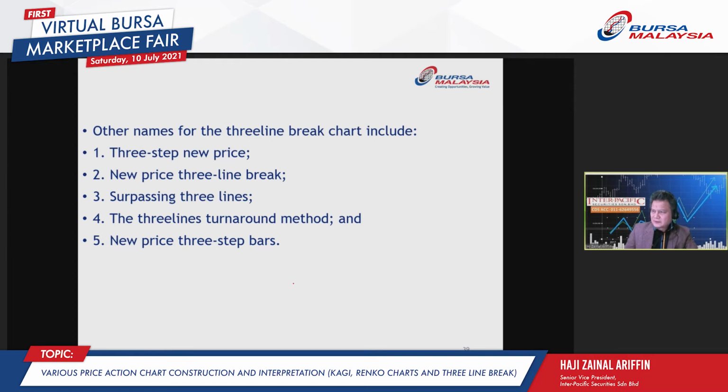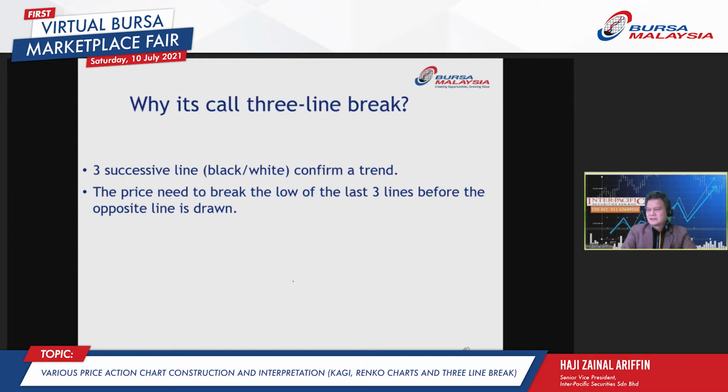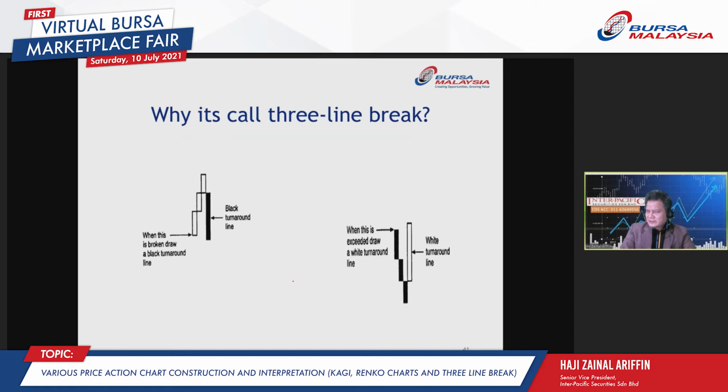Three successive lines confirm a trend. The price needs to break the low of the last three lines before an opposite line is drawn. This is how to read it, because this one is slightly different.